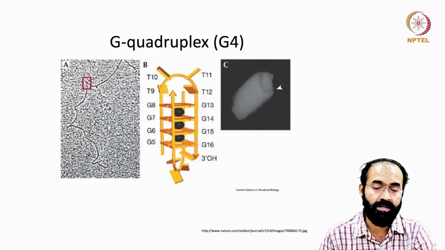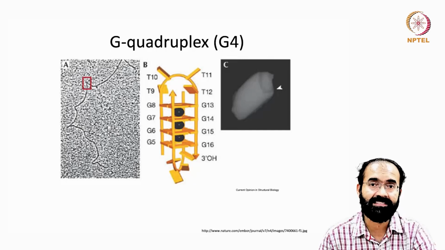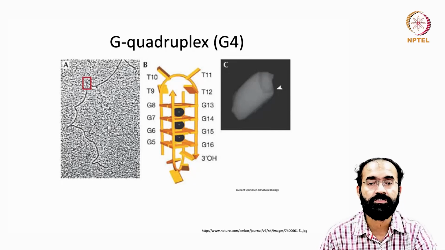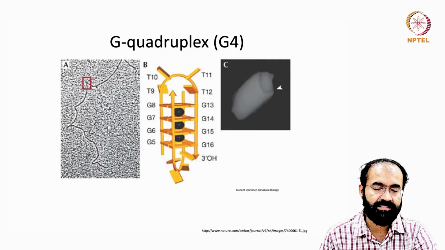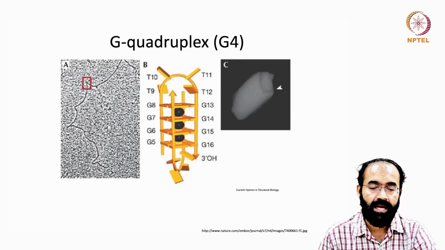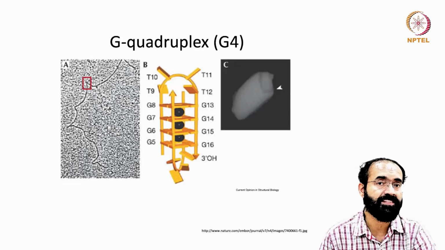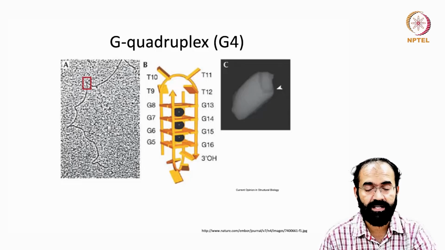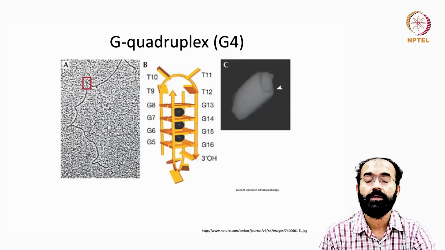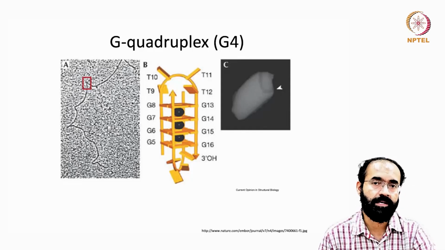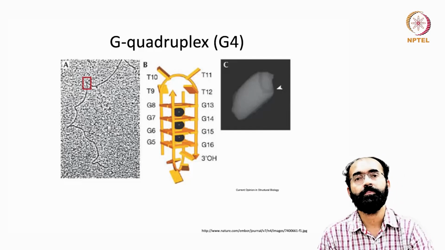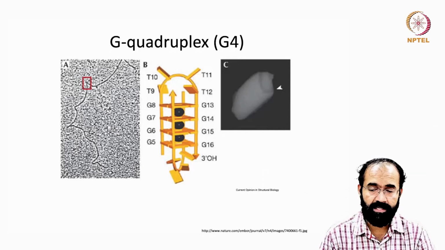It forms a multiple structure of both these strands, and it acts like a multi-storied building kind of structure, where these are the individual Gs, and you have some specific thymines also, T11, T10 and T9, and then G8, G7, G6, G5, and all these guanosines, because the structure is T2AG3. That is the structure of the telomeric repeats. So they have the potential to build over and over this quadruplex structure, and that will form a very stable telomeric cap.